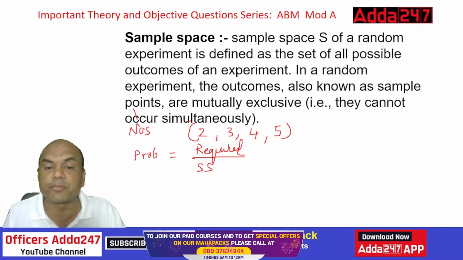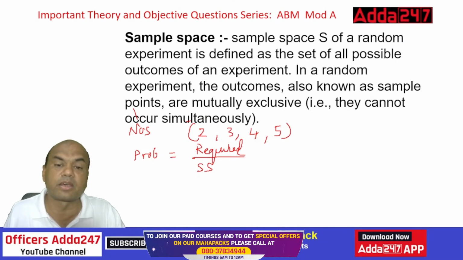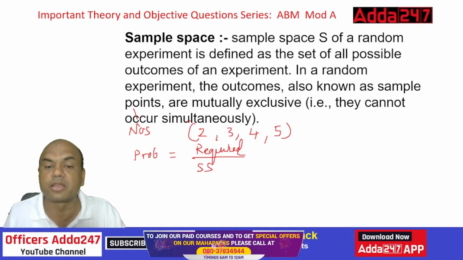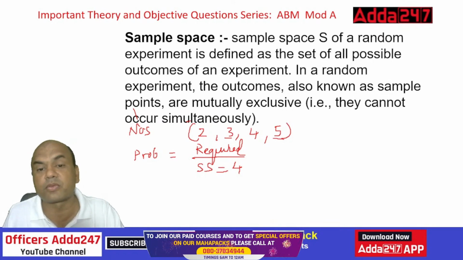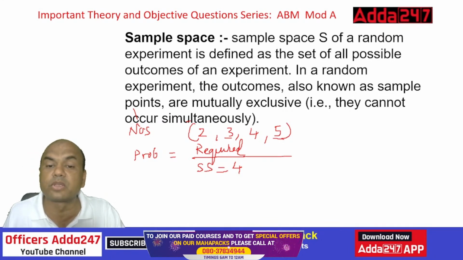So what is the sample space over here? The sample space over here is all the numbers which I am having: 2, 3, 4 and 5. So the sample space over here is 4. But what is required over here? Required means odd. There are only 2 odd numbers. So if I have to select an odd number from this, I'll have to select from these 2 only. So required equals 2. So probability becomes 2 upon 4, that is 1 upon 2.